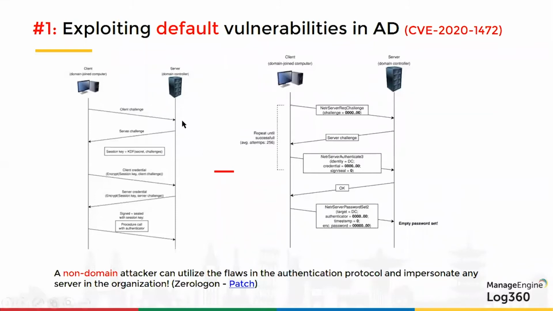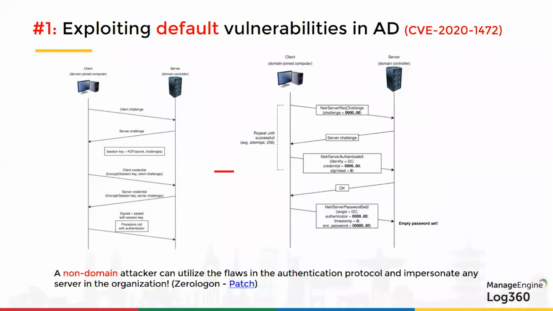So the entire Netlogon handshake process that we saw can be subverted because of a simple flaw within the Netlogon protocol, where a client could send null values or zeros to the server, thereby authenticating itself with an empty password.